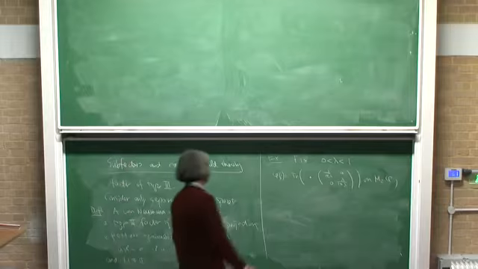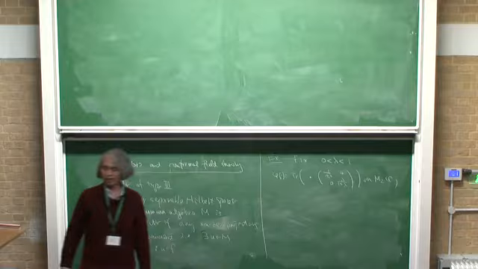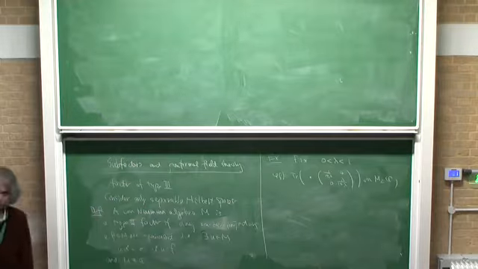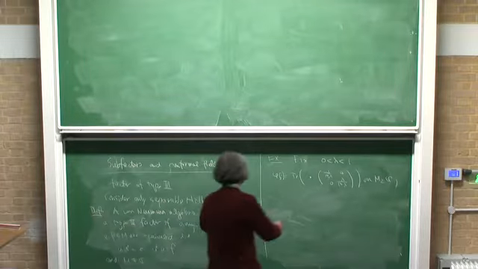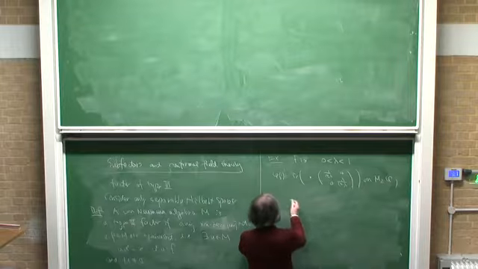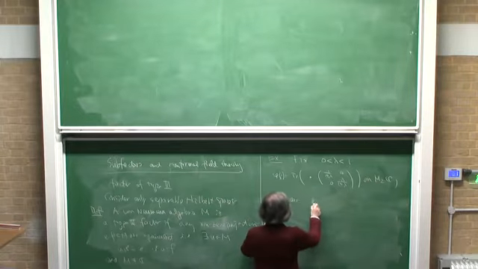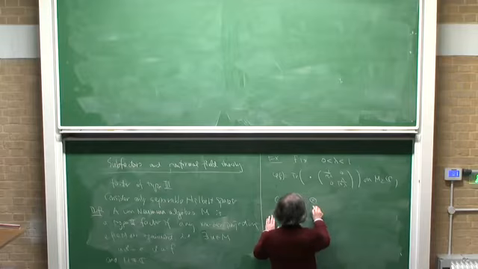So this is a state on the 2 by 2 matrix algebra. Then we look at the infinite tensor product.